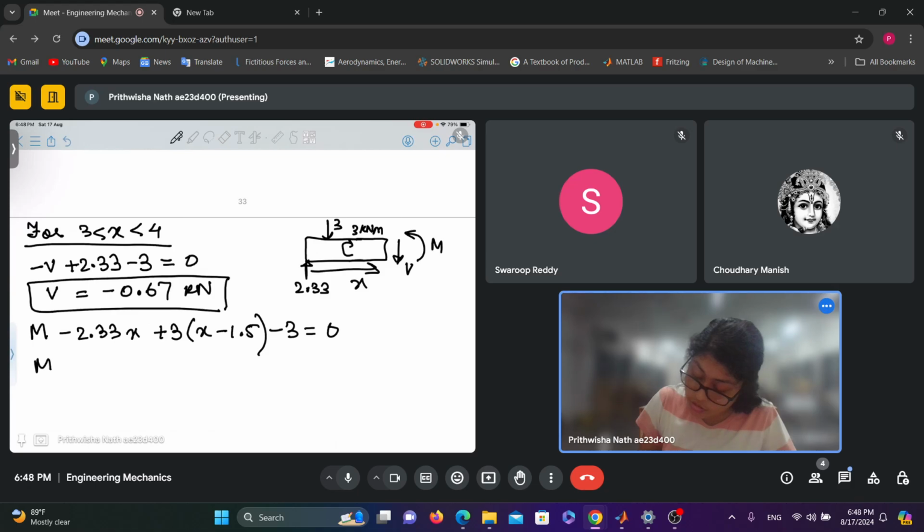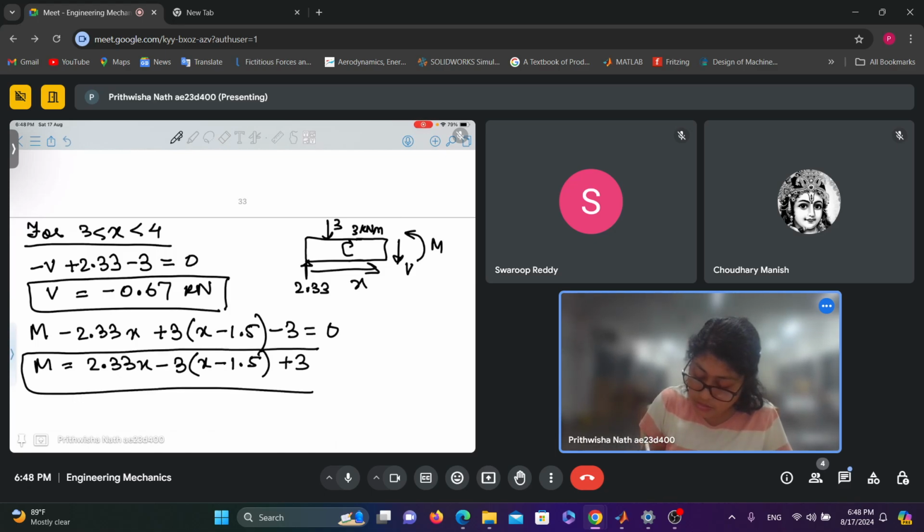So M equals 2.33x minus 3(x minus 1.5) plus 3. Is this clear?